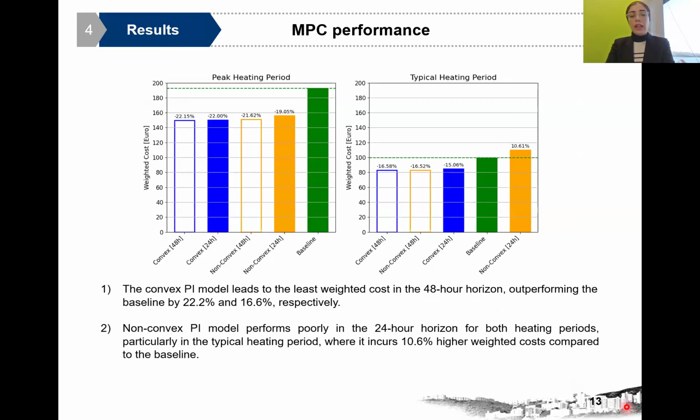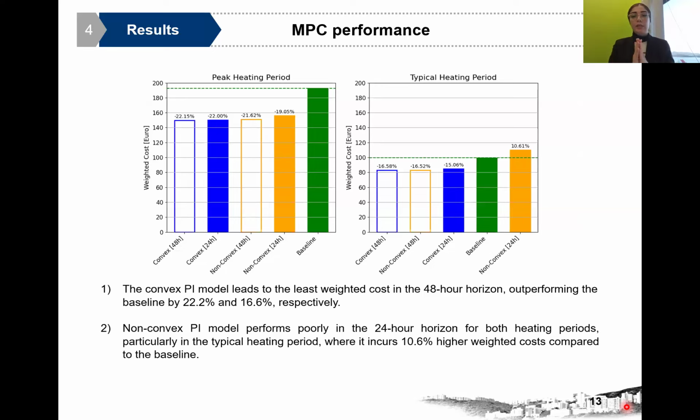And since in our work, the overall performance of MPC is important for us, we want to consider the overall performance, including the weighted cost, including both thermal discomfort and energy cost.